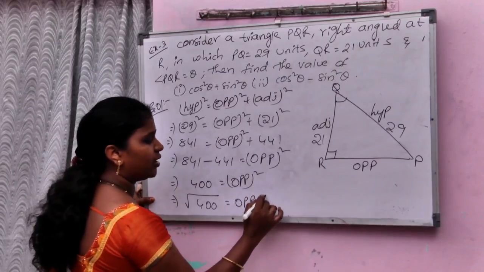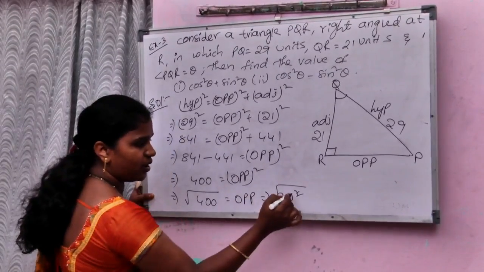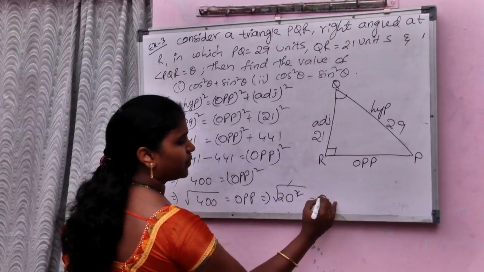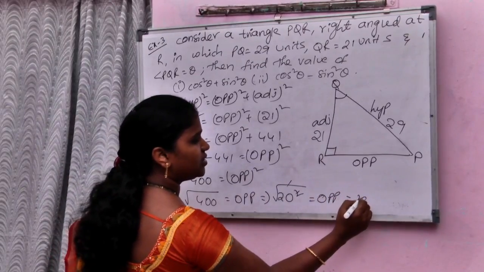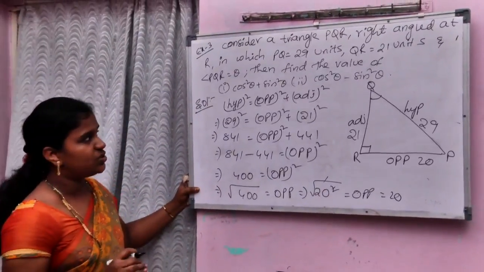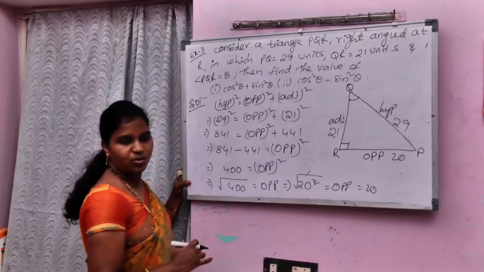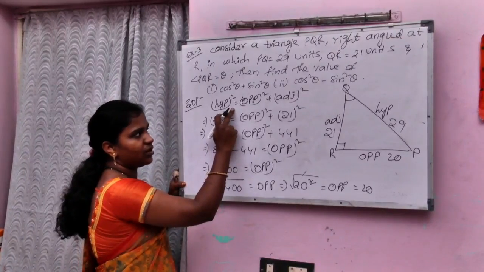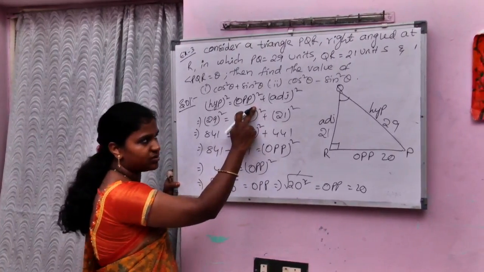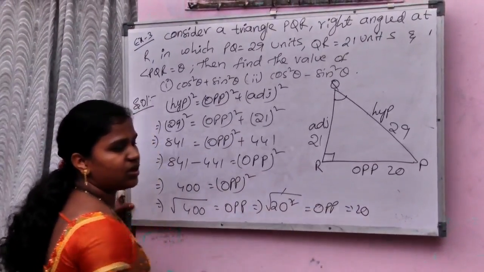Root of 400 can be written as 20 square, so under the root, the square and root cancel. So we got the opposite side as 20 units. Just by knowing two sides, we found the third side, the opposite side, by using the Pythagoras theorem: hypotenuse square is equal to opposite square plus adjacent square. We got the opposite side as 20 units.